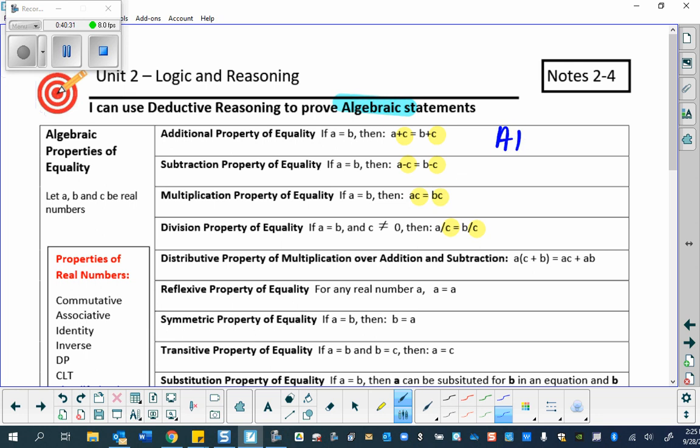In geometry, we are okay with you abbreviating the addition property of equality, your subtraction property of equality, your multiplication property of equality, and your division property of equality. So in your justifications for your algebraic solving steps, you are allowed to use those abbreviations.